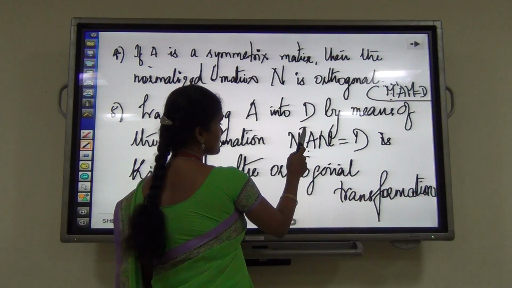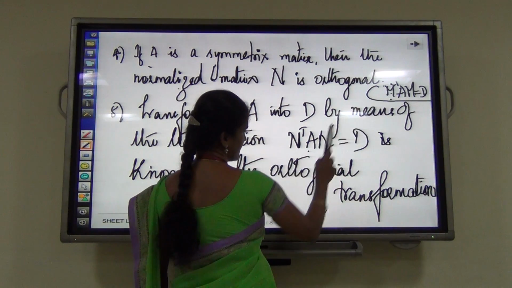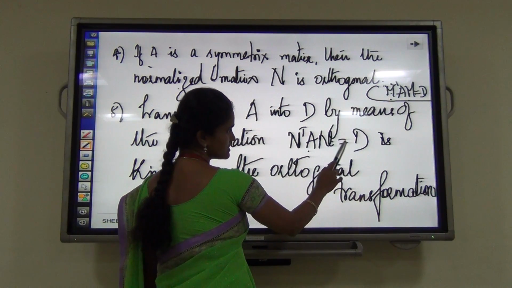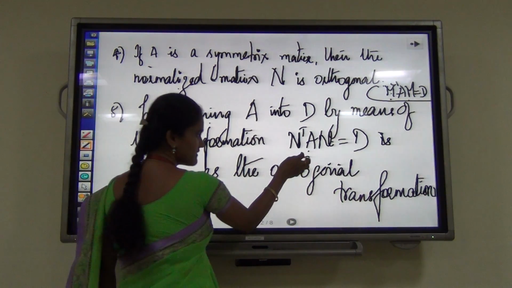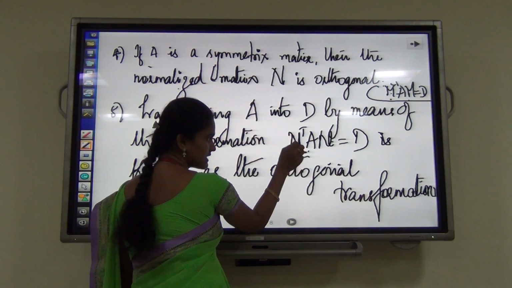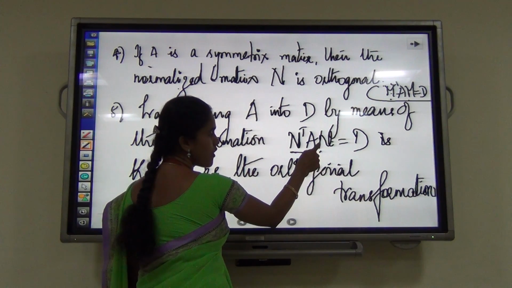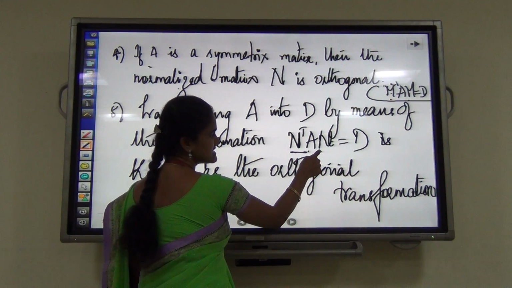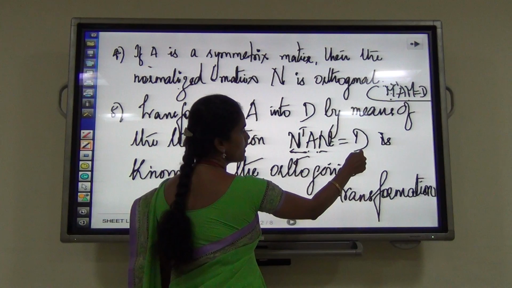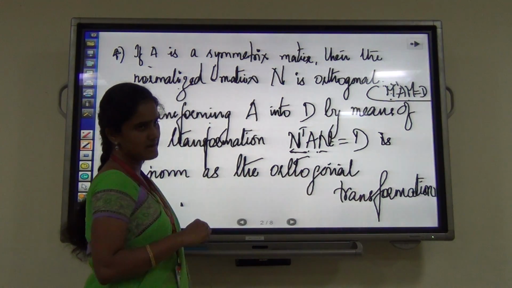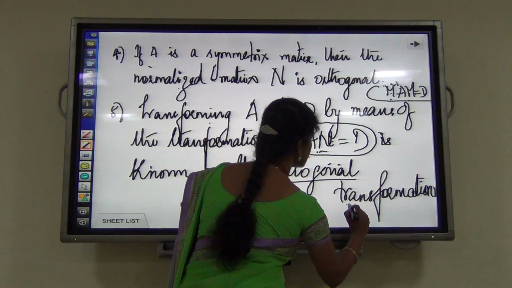Therefore N transpose A N, where M inverse is replaced by N transpose and M is nothing but N, is equal to D. So we have taken a matrix A, found its eigenvectors, and formed the normalized model matrix N. N transpose A N gives you D, the diagonal matrix. This kind of transformation we call an orthogonal transformation.